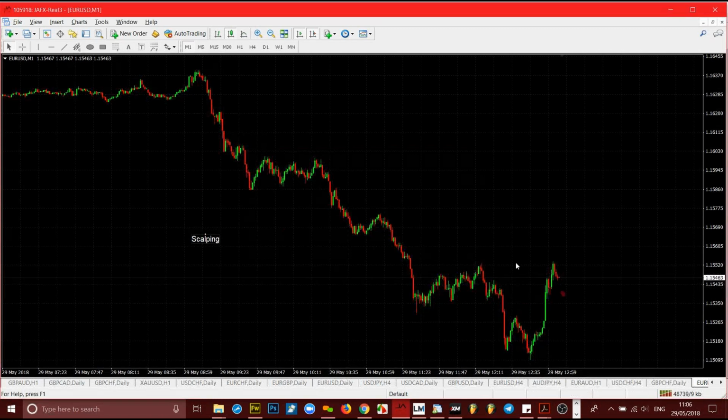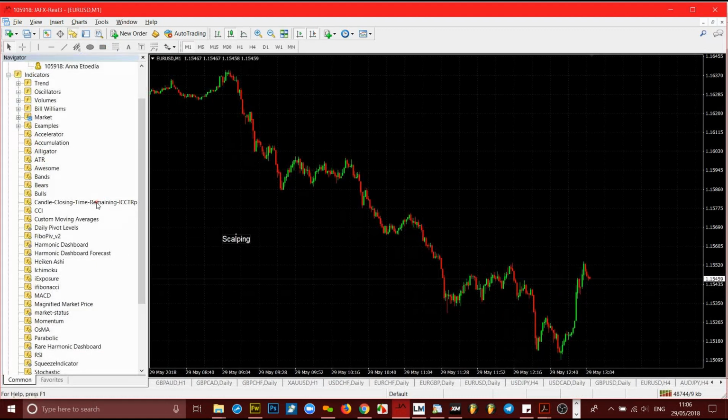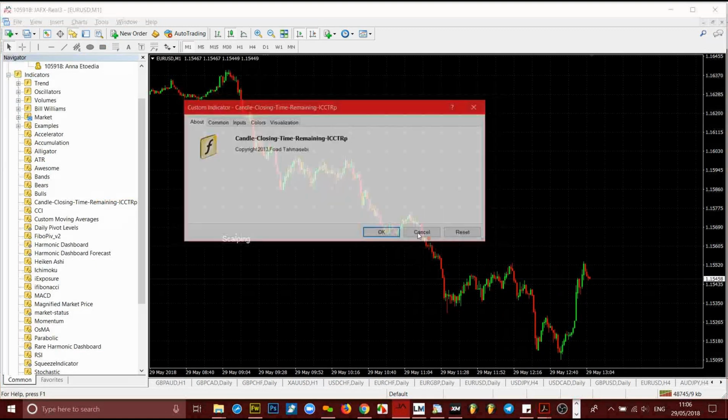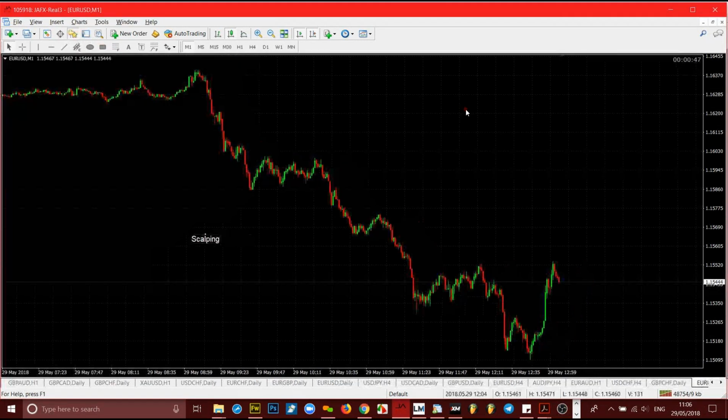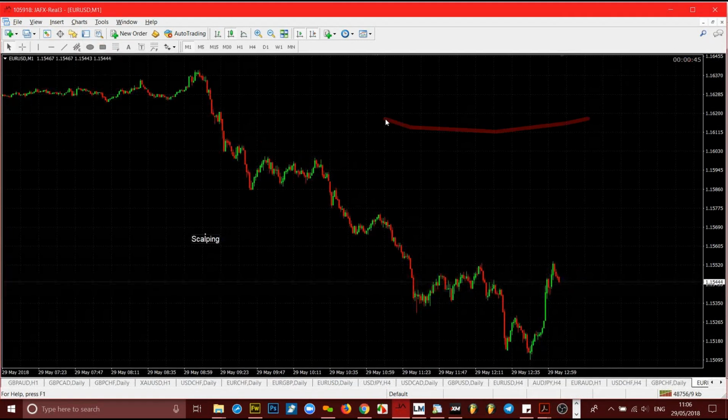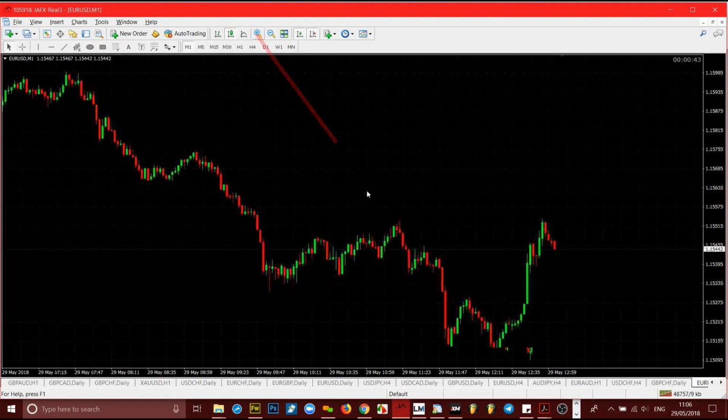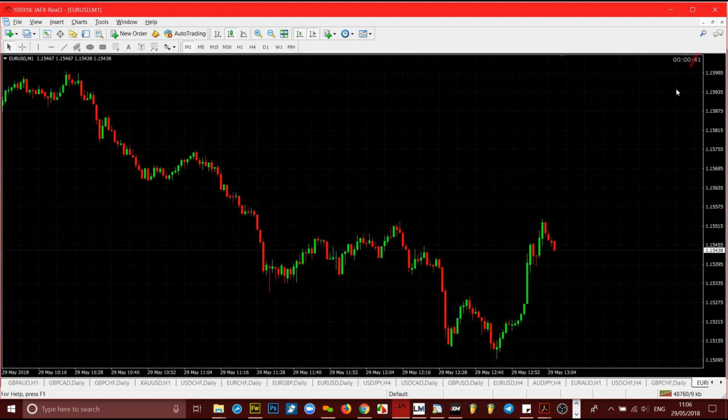If I put a time frame here, let me look for a tool so you can see what I'm talking about. Now look at this. Let me increase the size. See the candles? Every candle represents 1 minute.